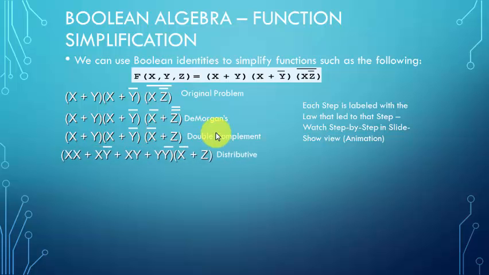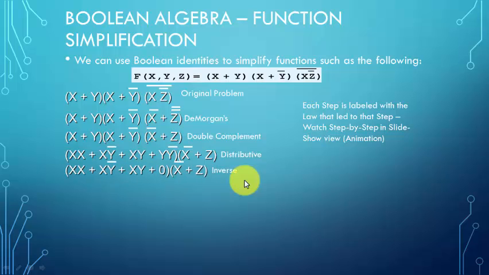Next step, distributive law. By using distributive law, first look at the first two parentheses. Use FOIL, you can FOIL it to be 4 terms. And then from here to here, that is called the inverse law.